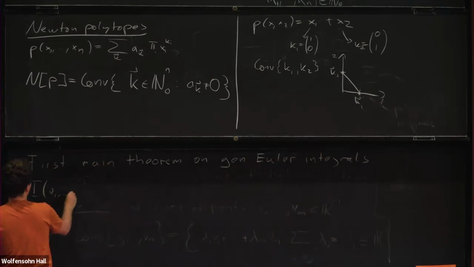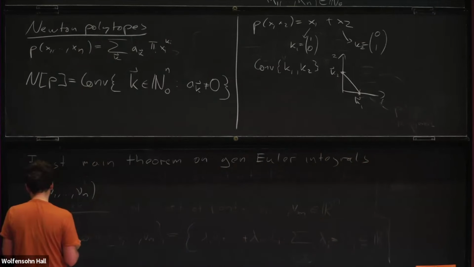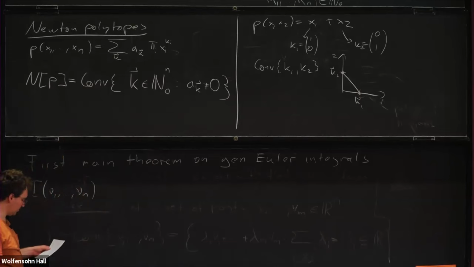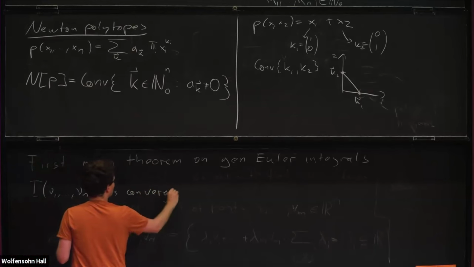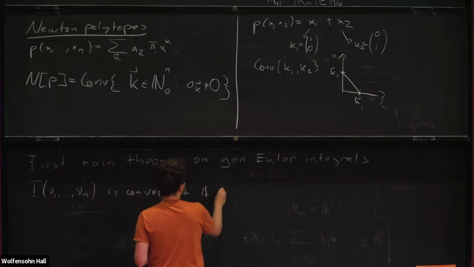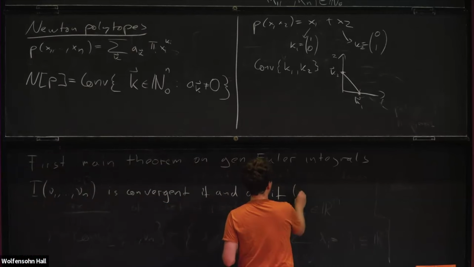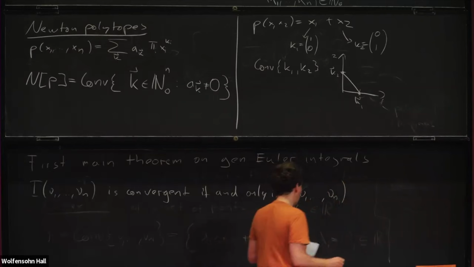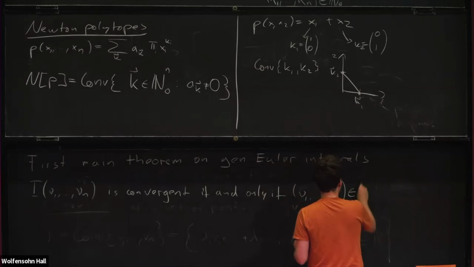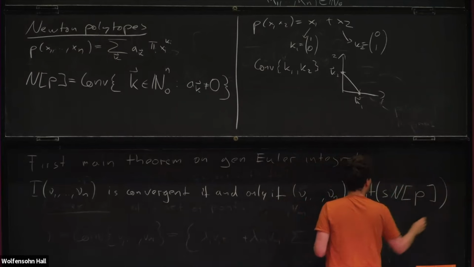If we take this one with p as above, and p has positive coefficients, so we remember those conditions from above, then this integral is convergent if and only if the vector that is formed by the nus, so this is nu1, up to nu(n), lies inside the interior of the Newton polytope of P scaled by S.